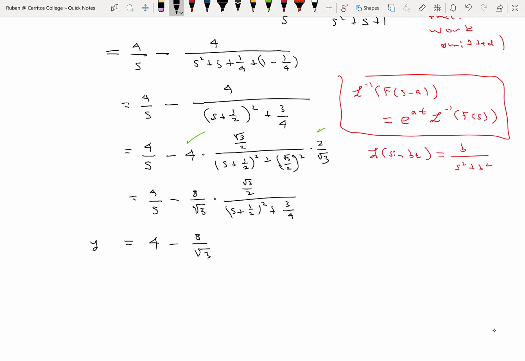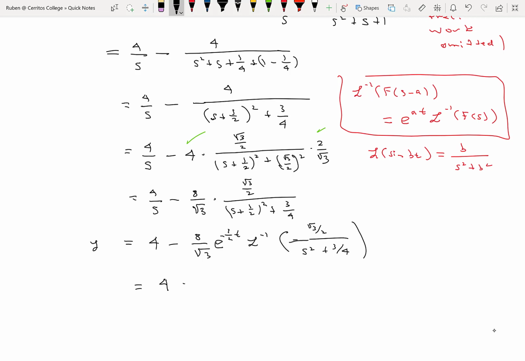There we are. So the inverse Laplace transform of F of s minus a is e to the a t times the inverse transform of F. Well, a is negative 1/2, so e to the minus 1/2 t times the inverse Laplace transform of the unshifted radical 3 over 2 over s squared plus 3/4, and it's essentially over, my good students.